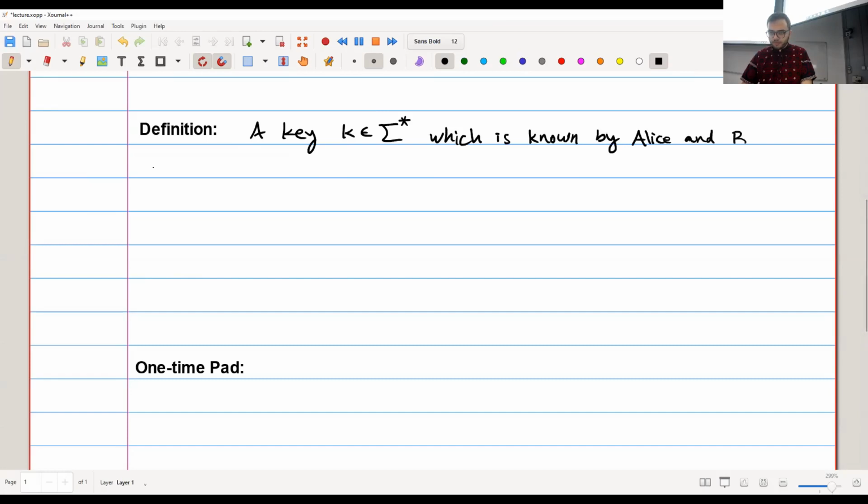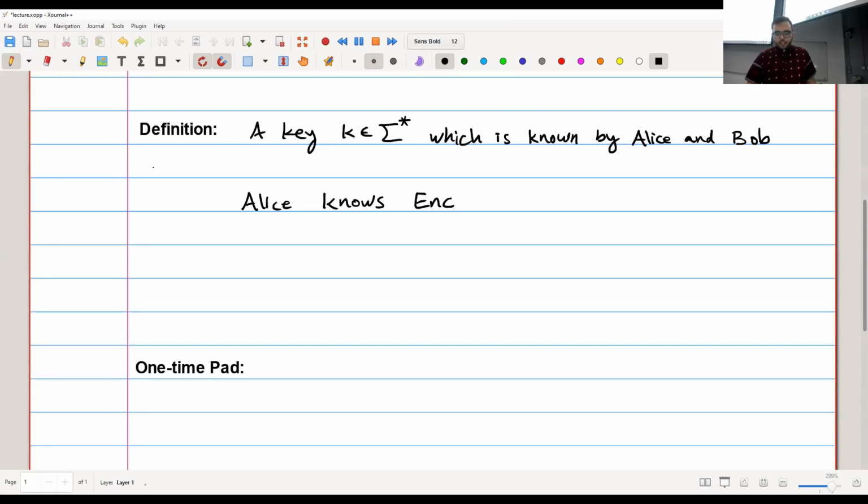Okay. Now, based on this key, I want to have an encryption function that Alice can call to encrypt her message. So I want to say that Alice knows a function. And this function, I'm going to call it ENC for encrypt or encryption.